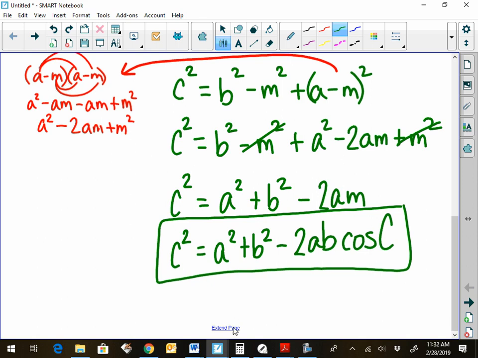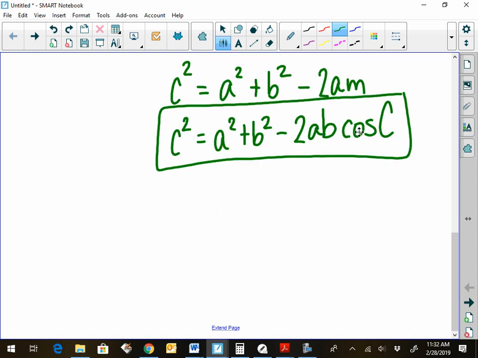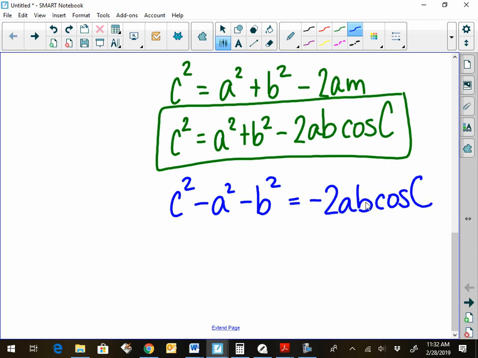Now, another way to write this is sometimes we might have to solve for an angle. So we're going to just solve this so that it's written in a little different way. So how we do that is what I could do, C squared, I can take away my A squared, and I could take away my B squared. And that'll equal negative 2AB times cosine of C. But what else I want to do is I want to get rid of this part that's out in front here.